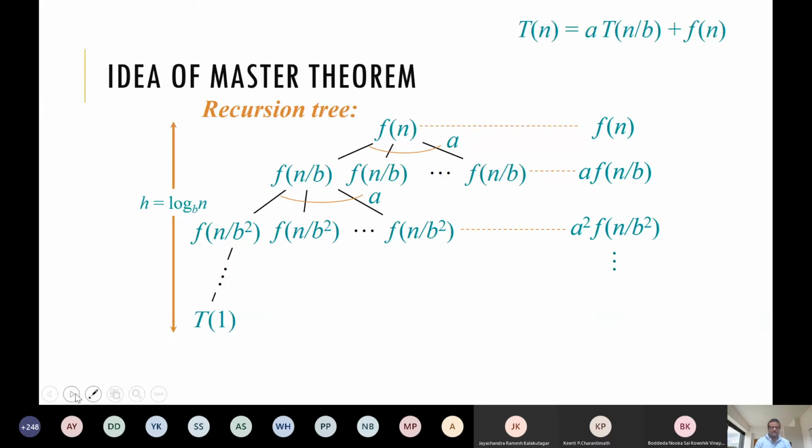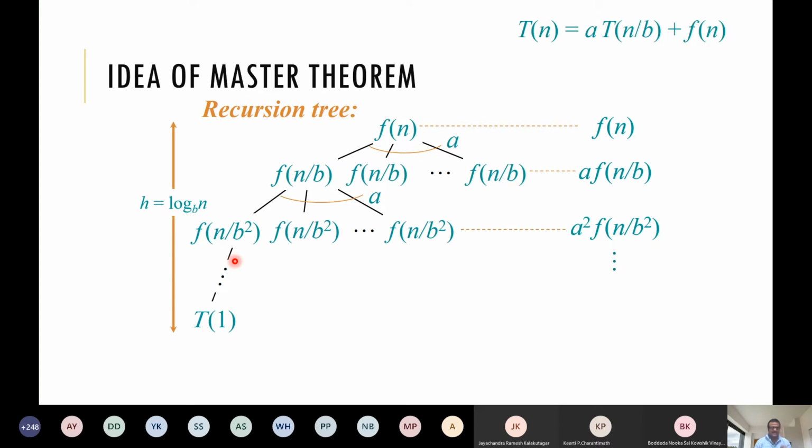Now what is the height of this tree? How to get the height of this tree? If the height is h, then, since height is the maximum depth, at this level it is n/b, at this level n/b².